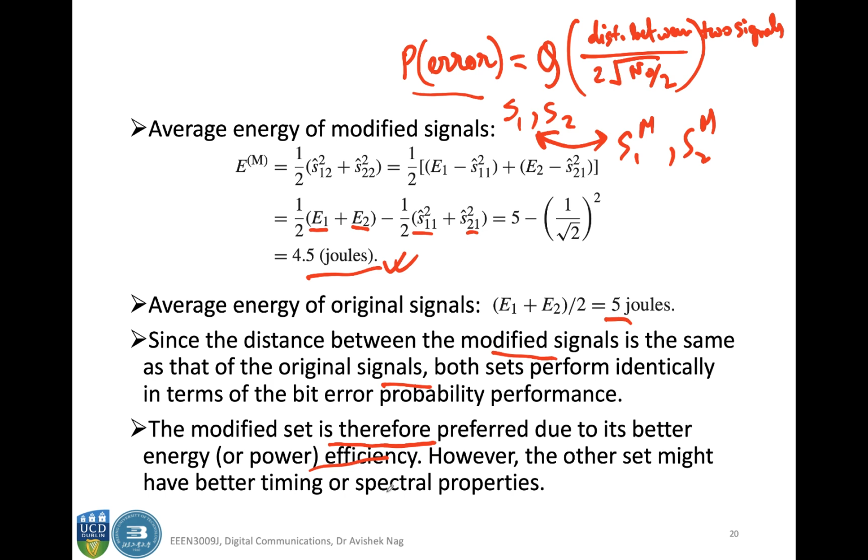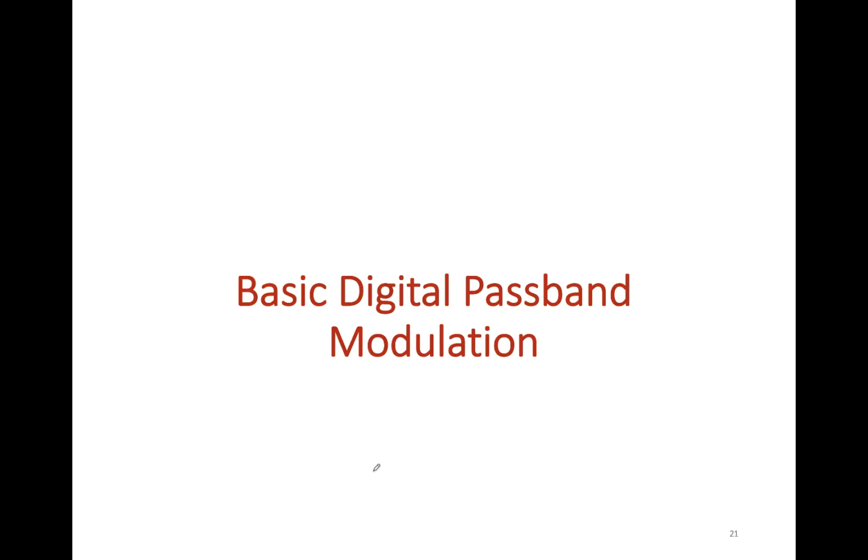So the other set might have better timing or spectral properties, but that we are not interested in right now. In terms of energy, the modified set is better, and in terms of probability of error, both are the same. So probably we will prefer the modified set.